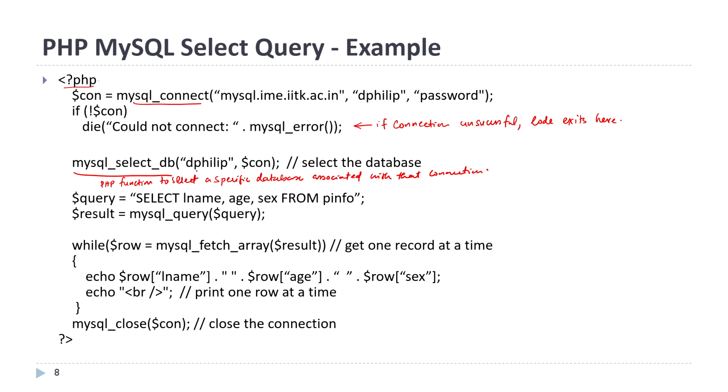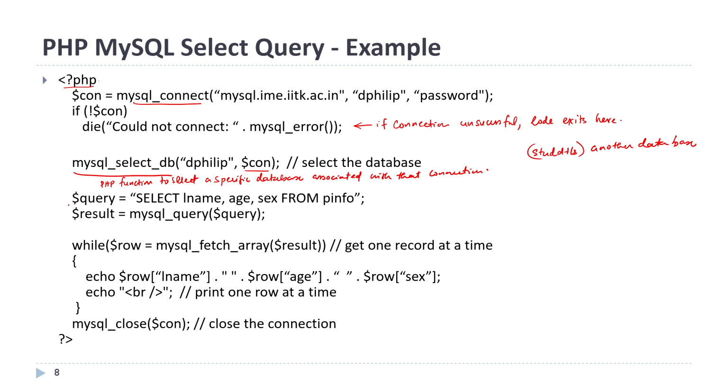So, that is why I am connecting to the dphilip database. Let us say I have another one called student_details, DTLS. If this was another database, instead of dphilip, I would have used this name there. So, you specify whichever database you want to use with that particular connection, dollar connection, in this line, so that you can connect to that database.